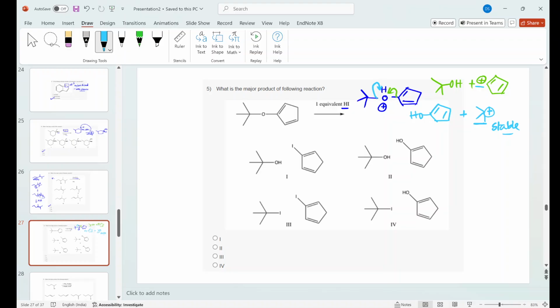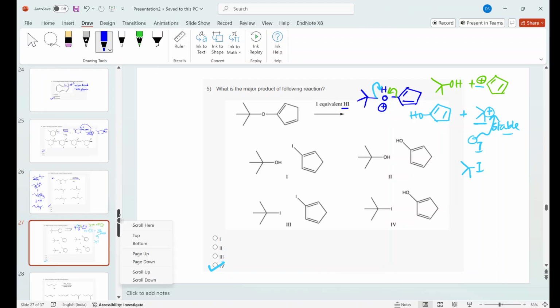Okay, this is not stable. So obviously I minus will come and attack here so that you will have this tert-butyl iodide and this alcohol. So what will be the answer? 4. Okay, this will be the right answer.